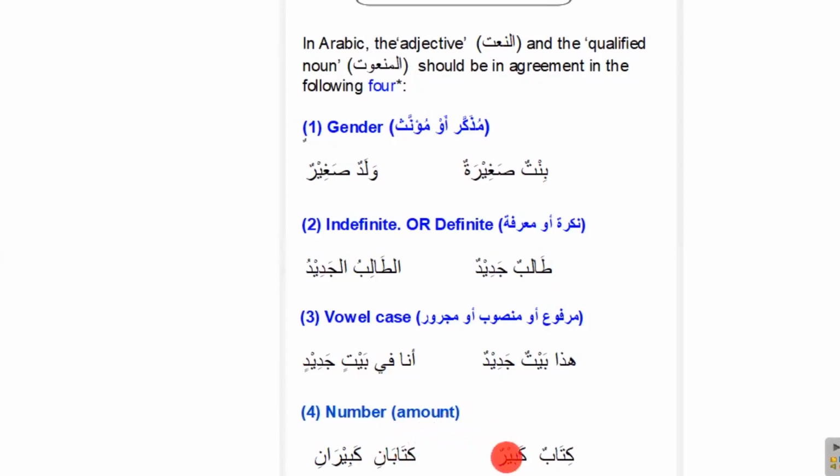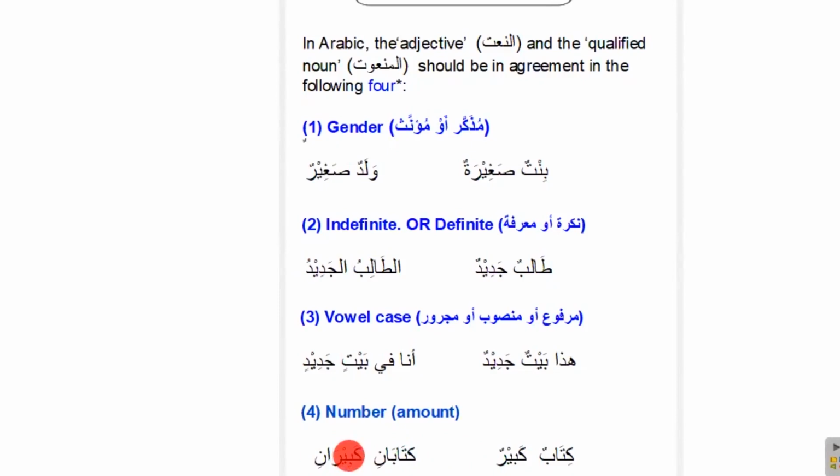If there is an adjective to describe them, the adjectives must also vary. For example, kitabun kabirun, a big book. But kitabani, two books. Now you want to say two big books. As far as you have added alif wa nun to the noun, you should add alif wa nun to the adjective.